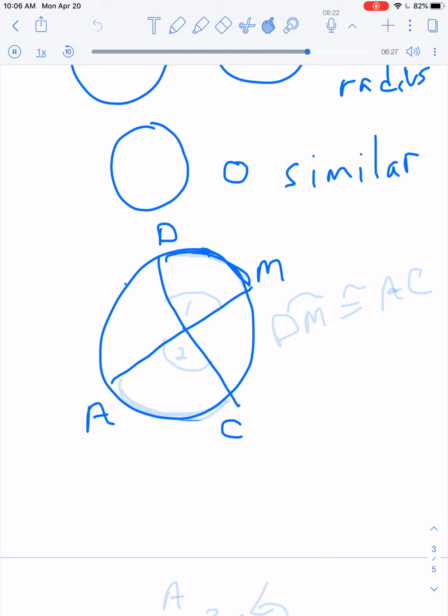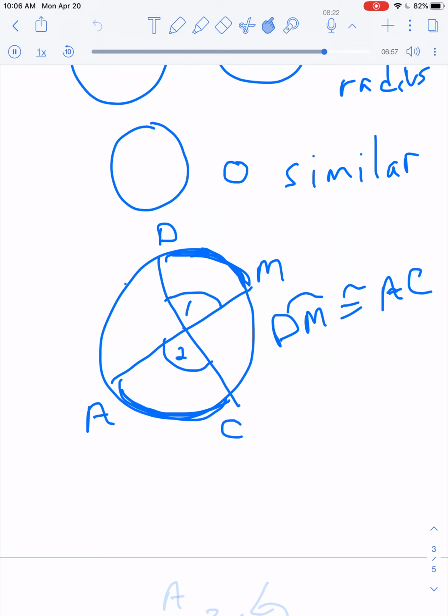Well, what's true about angles 1 and 2 is that they're congruent because they're vertical angles. And therefore, arc DM would be congruent with arc AC, because they have the same central angle.